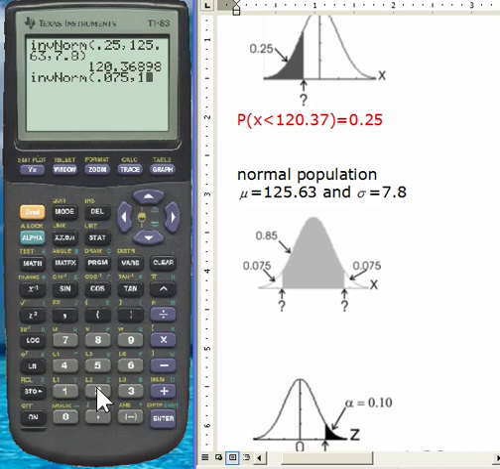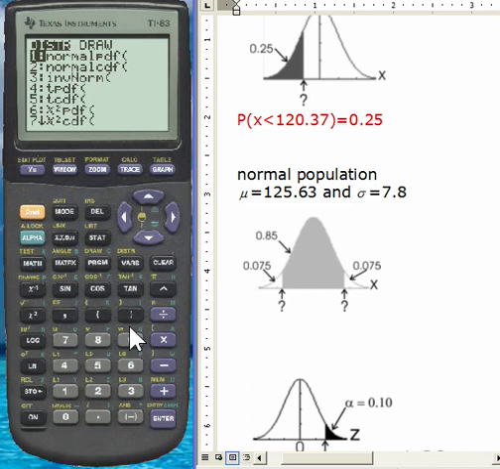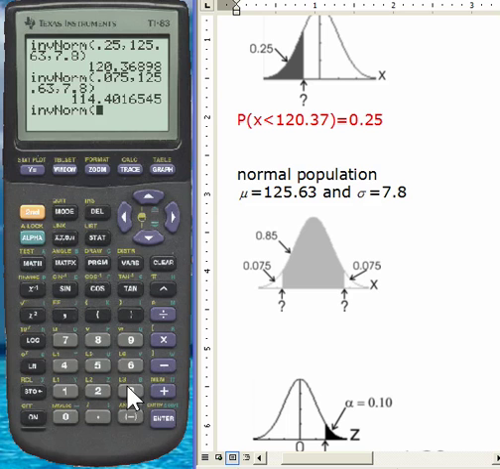Then we enter the mean, 125.63, press the comma, then the standard deviation is 7.8. So that's our lower bound, 114.40. Now let's find this upper bound. So I press the yellow second key, then vars, 3 for inverse norm. Now what's the area to the left here?